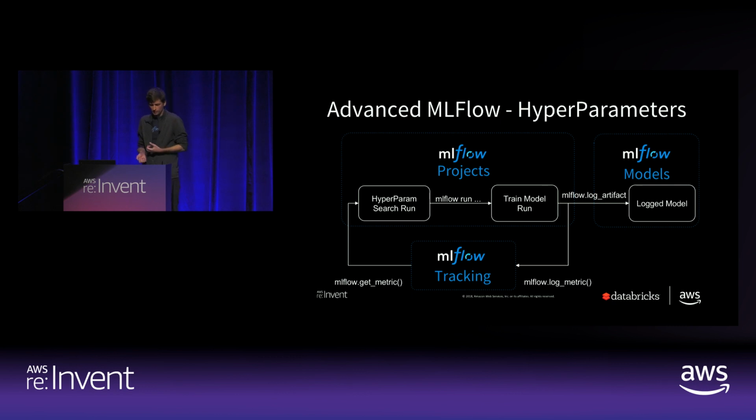One example of such an advanced use case is hyperparameter tuning, which is a critical part of the machine learning workflow. It reduces the variance of your machine learning process, and it gives you automation rather than manual tuning and uncertain results.